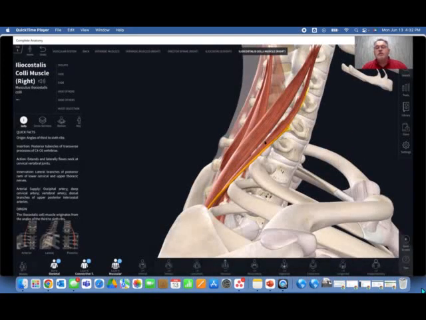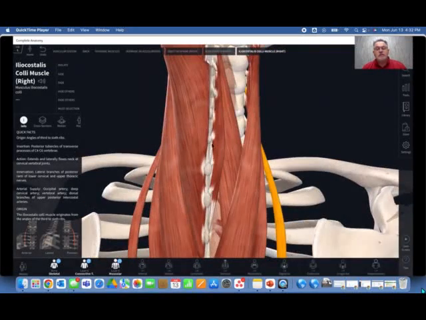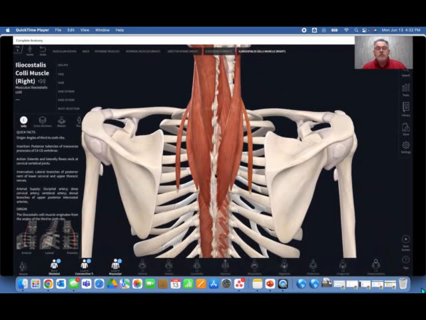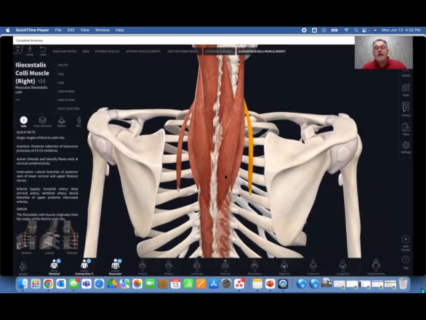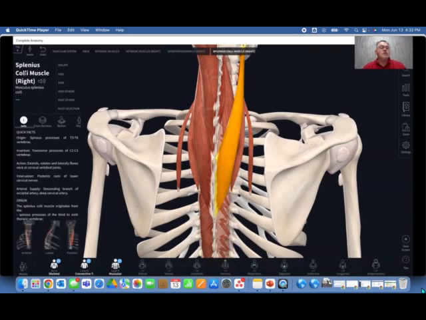So similar to how we had at the spinous process of C6, where we covered a lot of the musculature, similar to the spinous process of T4, in that case we were able to get the distal fibers of the splenius cervicis here.